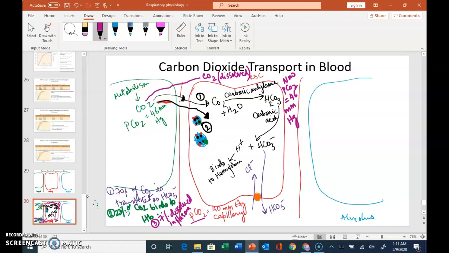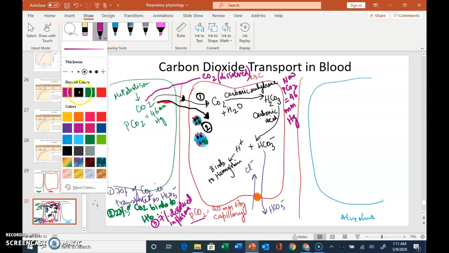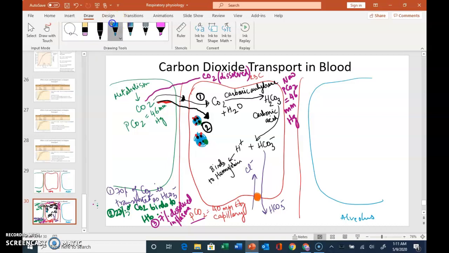All right. Now what happens? Let's look into the alveolus. Within the alveolus, the pressure of carbon dioxide is 40 millimeter of mercury. So obviously we see a difference in gradient, right? We have 46 here, we have 40 here.